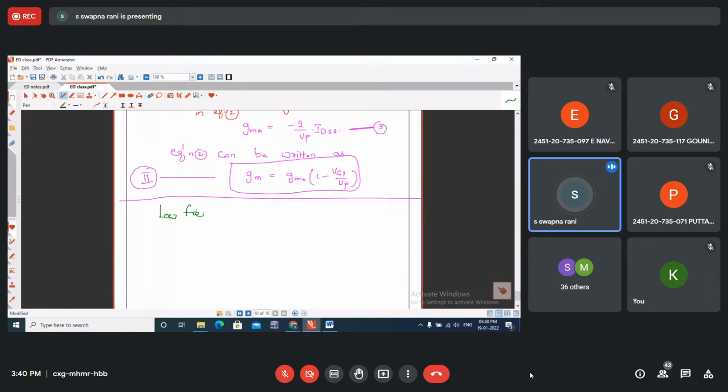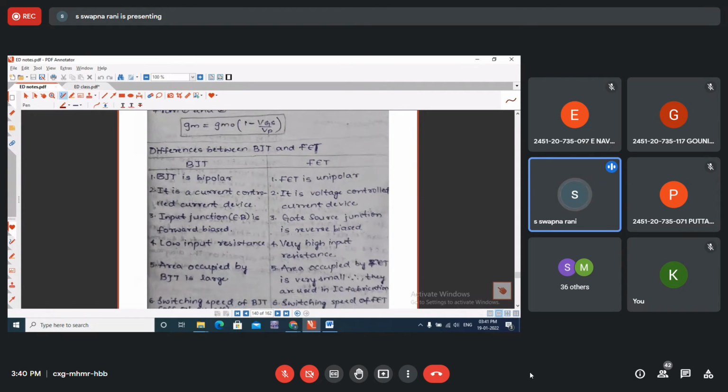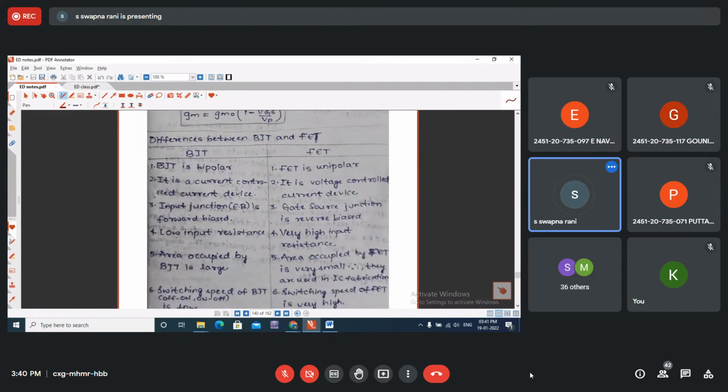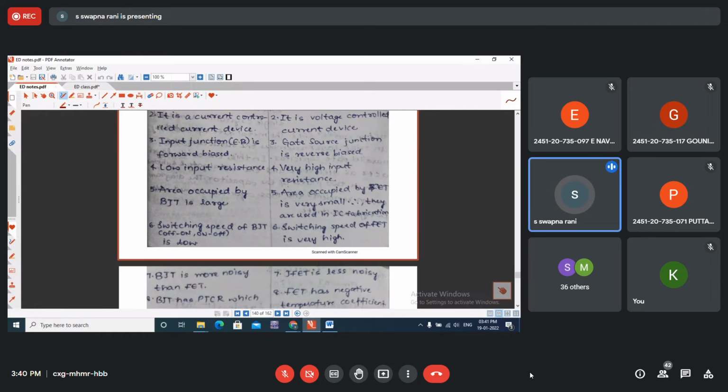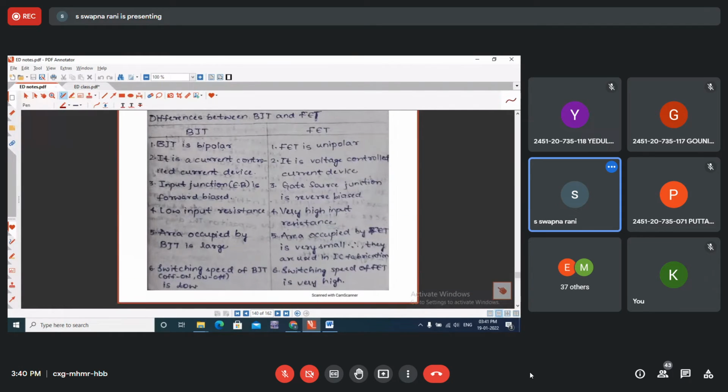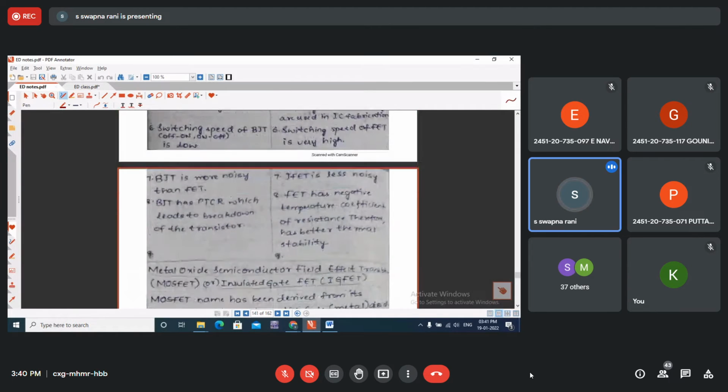Very easy it is. I think we have listed the differences between BJT and FET. These are there in the notes anyhow.